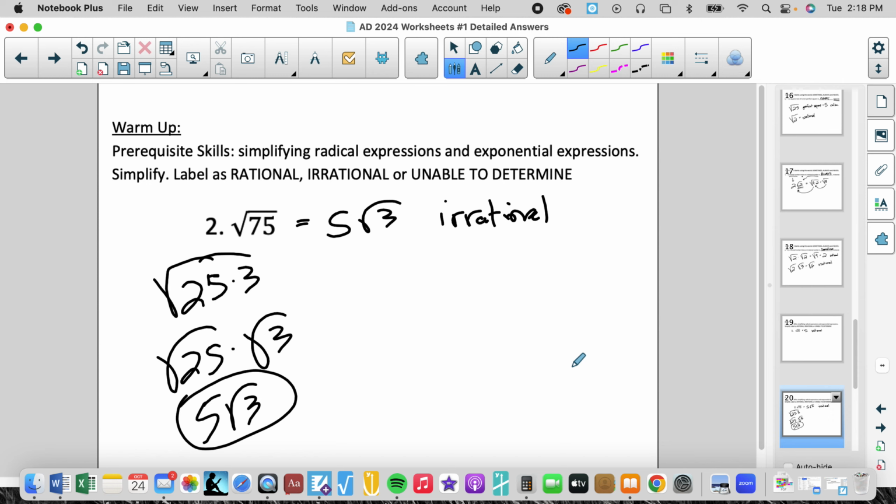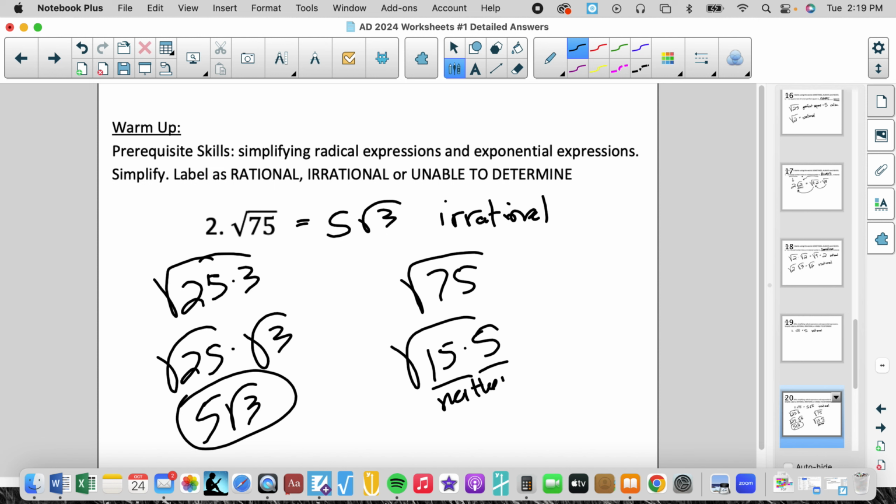Mr. Mack, why did you pick 25 and 3? You could have picked, what's that going to be? That's going to be 15 times 5. Why didn't I pick 15 and 5? Because neither of these is a perfect square.